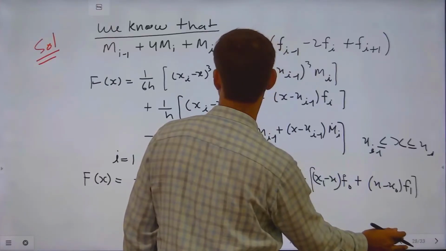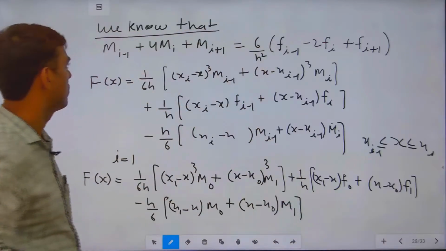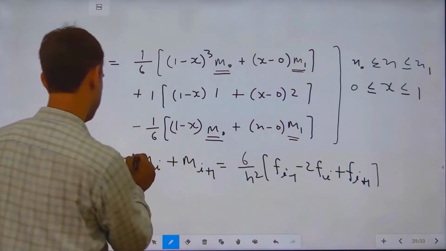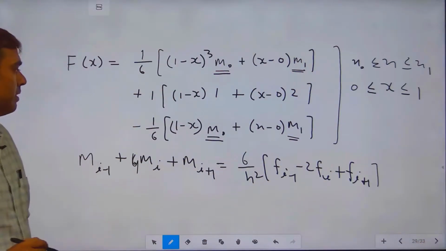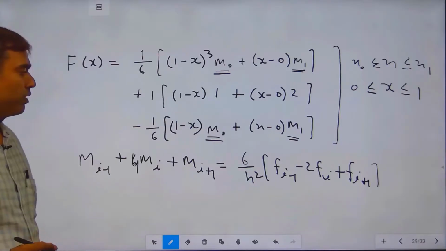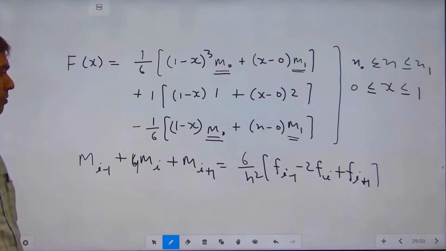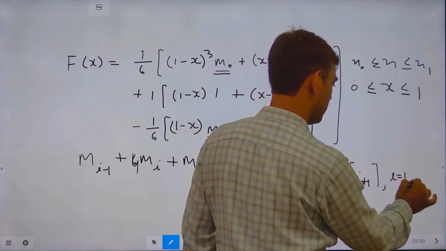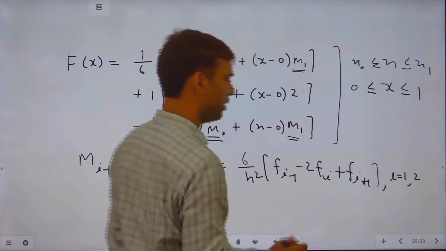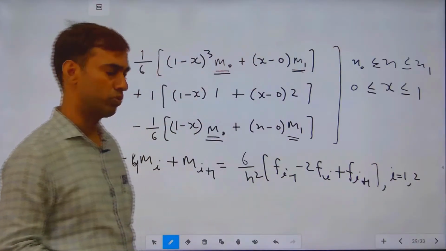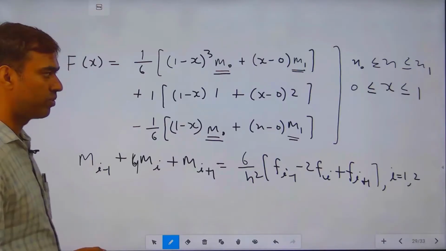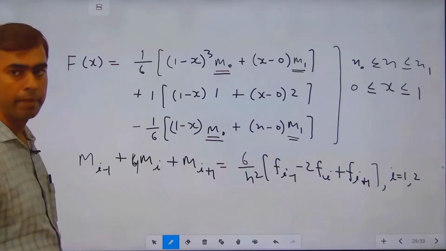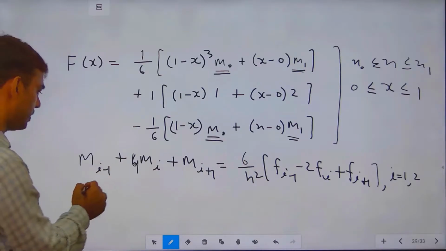Once we verify, here we write a 4, not a 6: m(i-1) plus 4 mi plus m(i+1) equal to 6 upon h square, f(i-1) minus 2 fi plus f(i+1). Here i equal to 1 and 2 for the internal nodes only, because i equal to 0 is the initial node and i equal to 3 is the terminal node.